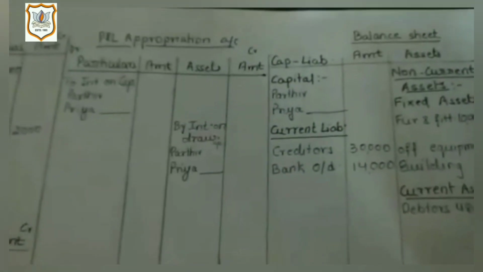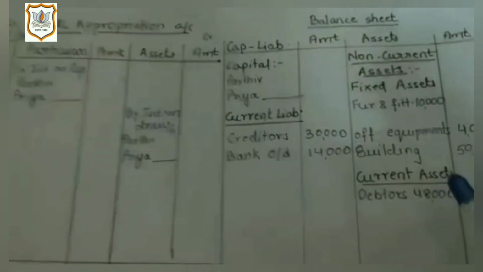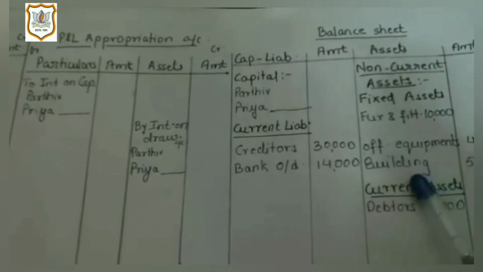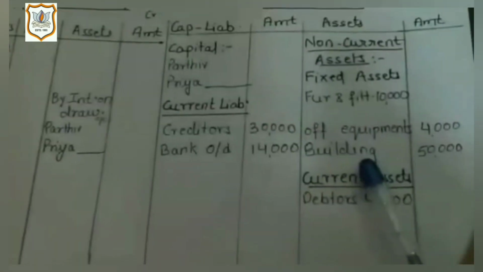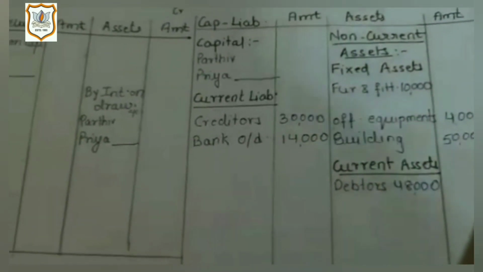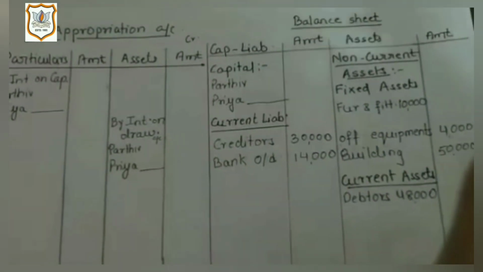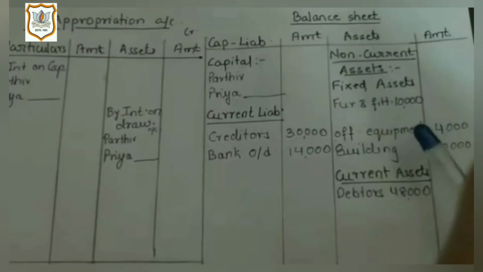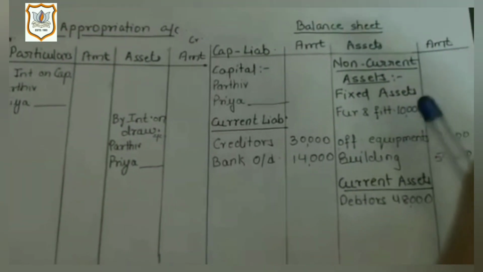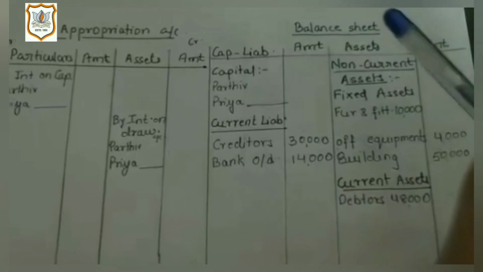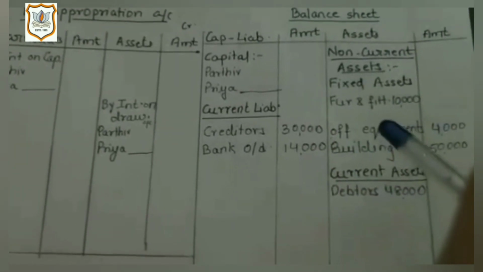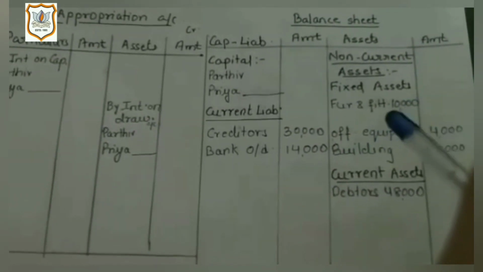Now next one is building, which is fixed asset. So we will record it on asset side of balance sheet, that is 50,000. Now next one is furniture and fitting, which is our fixed asset. So it will be recorded on asset side of balance sheet. I have written it in inner column because it has adjustment.